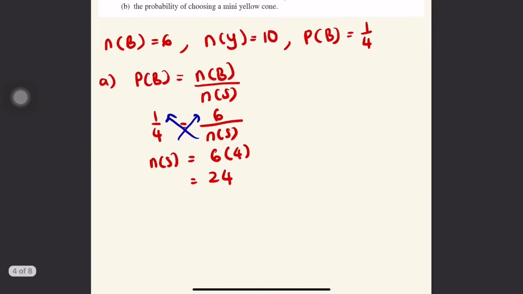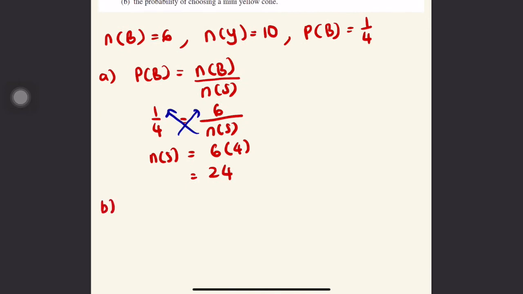Proceed with B. The probability of choosing a mini yellow cone. So P(Y) is equal to number of Y divided by number of sample space.